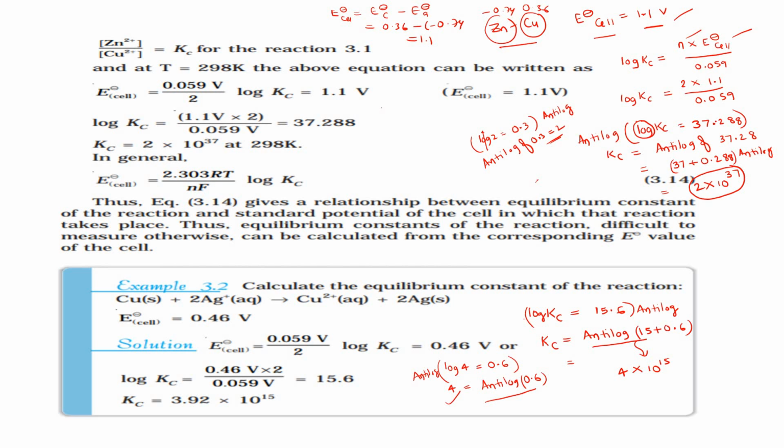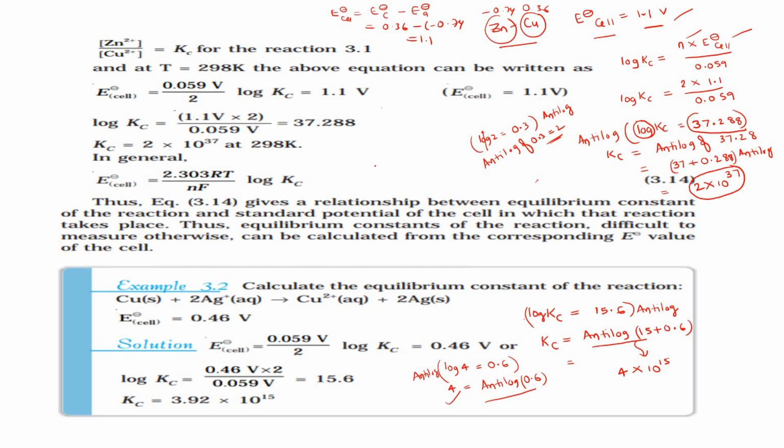Now we are going to get log Kc equal to 37.288. How do we convert this into Kc? Very simple. Take the anti-log.